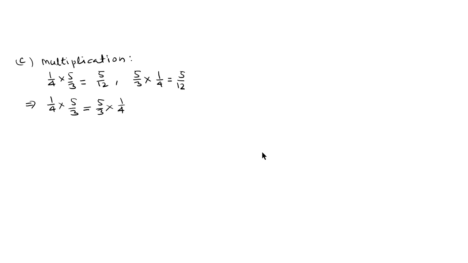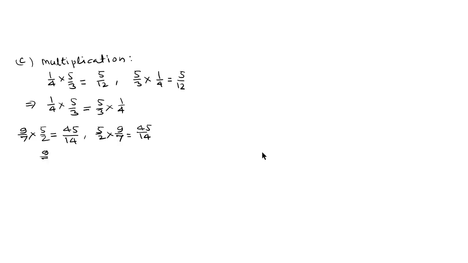We go to another example. 9 upon 7 multiplied by 5 upon 2. This gives us 45 upon 14. Now we change the order of these two rational numbers and we write 5 upon 2 multiplied by 9 upon 7, and this again gives us 45 upon 14.